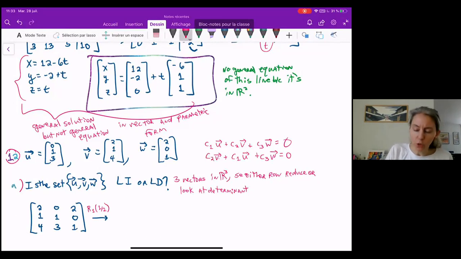And if I do C2V first as opposed to C1U first, it doesn't change anything. It just changes which constants are associated with which vectors. And to go into more depth about that explanation, we actually spent a little while looking at equations and talking about it in class. I could go into more depth, but it would take a long time. So I think I'd rather just do the problems.